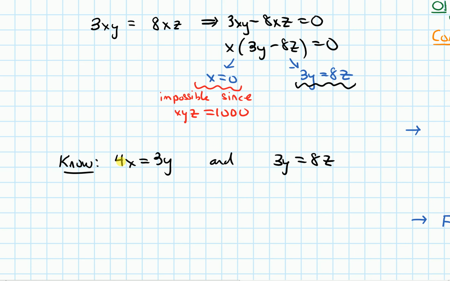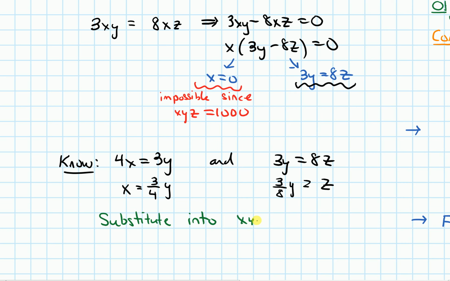If I isolate the x in the first equation, I get x equals 3/4 y. And if I isolate z in the other equation, we'll get 3/8 y equals z. And what I can do now is take these and substitute them into our constraint equation.